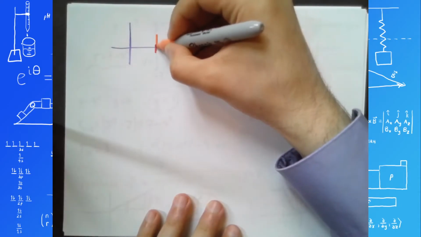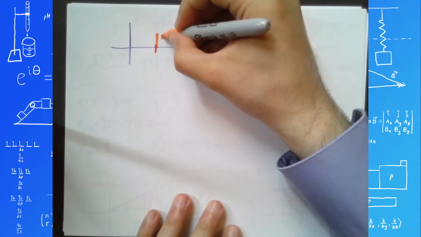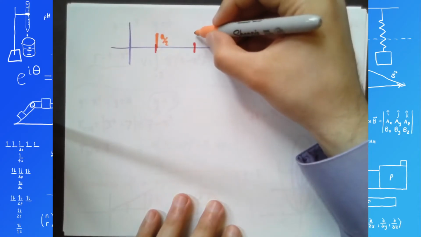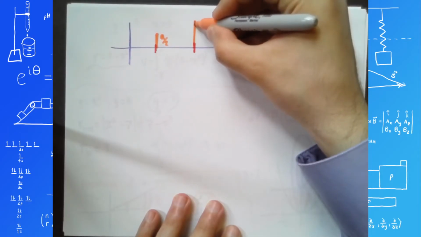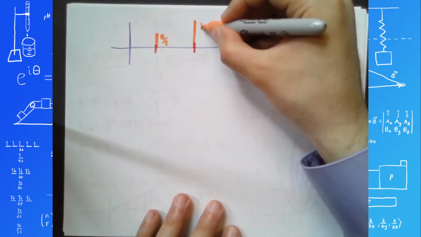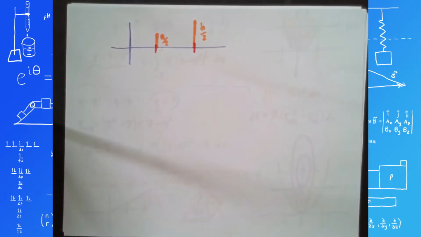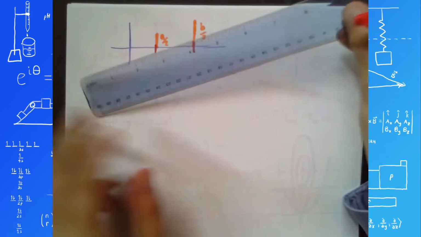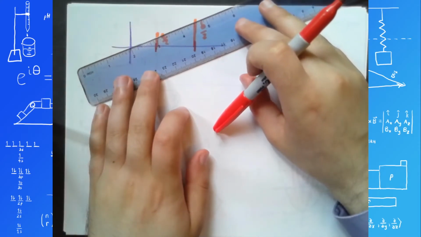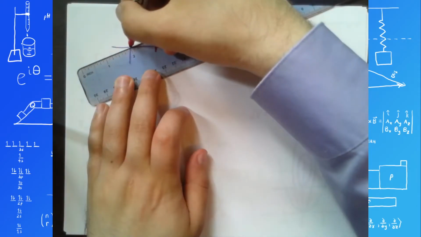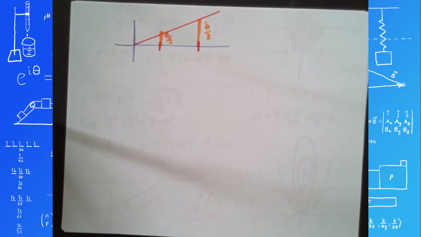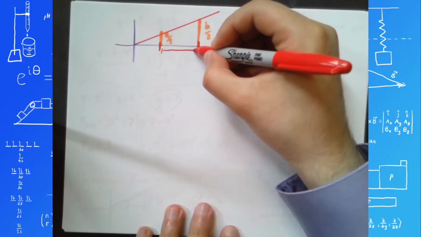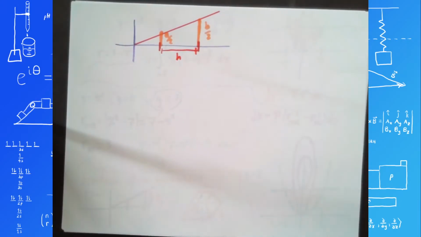So over here, this would be equal to half of A, A over 2, and this would be equal to half of B. This would be equal to B over 2. And let me see, I've got my ruler with me. Let's not screw this up. Okay, that looks good. And then this would represent the height of our pyramid.